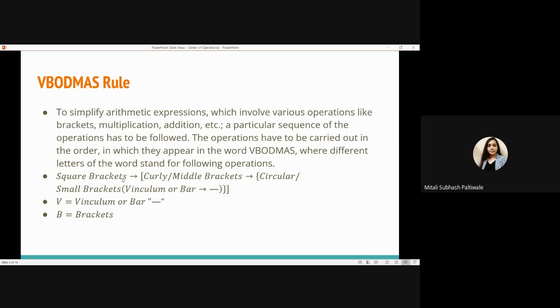The way we are going to read it, we are going to remove the vinculum first, then the circular or small brackets, then the middle brackets which are curly brackets, and the last one would be the square or big brackets. So parentheses are the ones we remove first, and then curly and square.